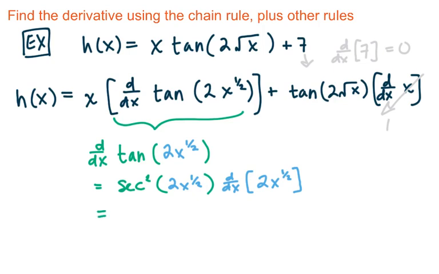So my derivative here, we've got secant squared 2x to the 1/2. And if it so pleases me, I can write that x to the 1/2 back as a square root of x. I'm just converting notation. And my derivative of 2x to the 1/2, that becomes 2 times 1/2 x to the 1/2 minus 1. I'm using my power rule, and that's going to simplify to 1x to the negative 1/2, or just x to the negative 1/2.